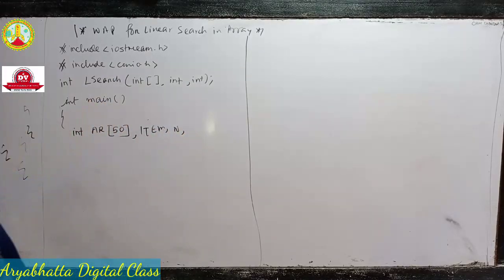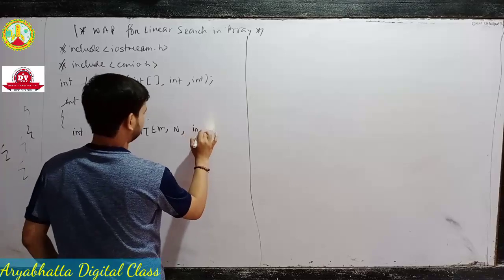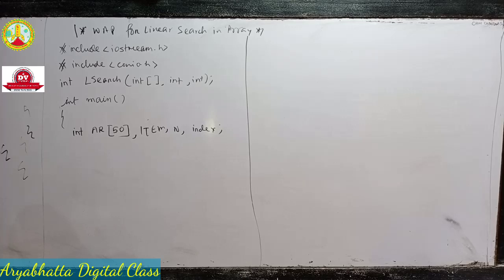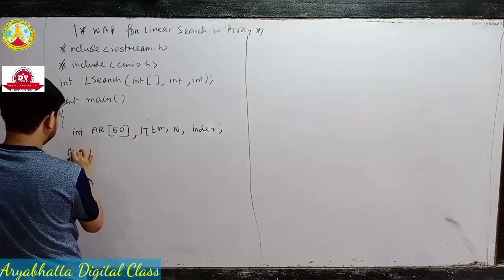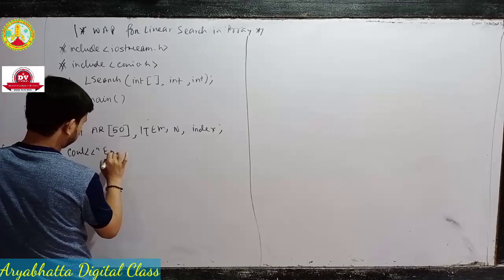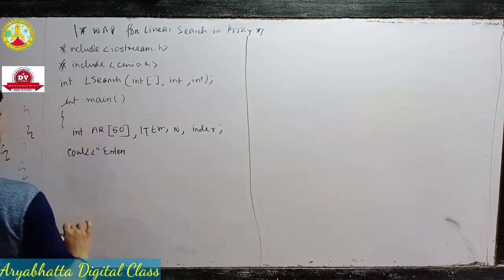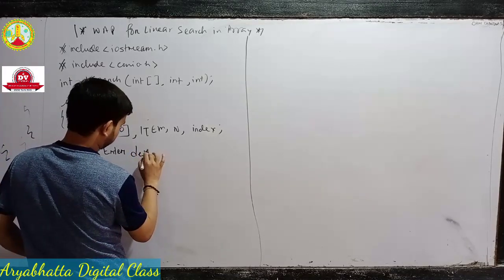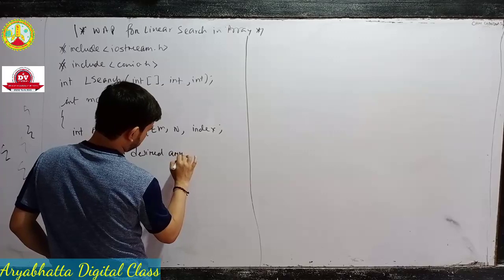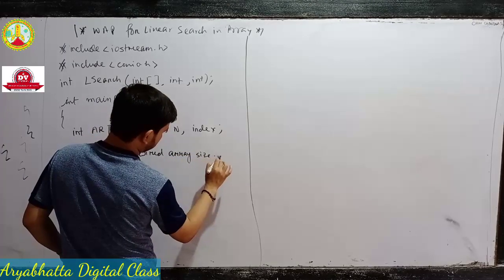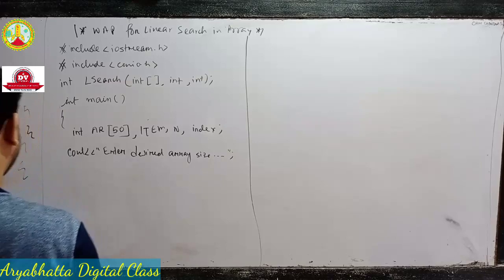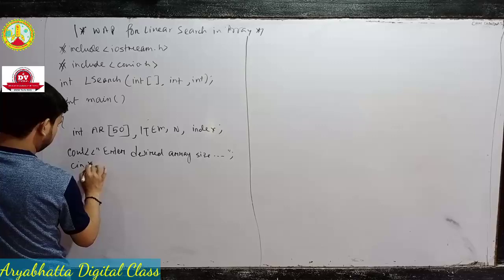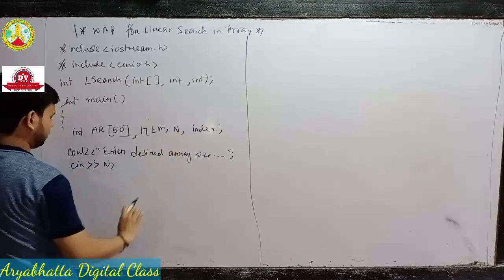Item, n, index variables. Right. After that, see, cout one printing statement: Enter desired array size. Now we give the value of this array size in the variable n.